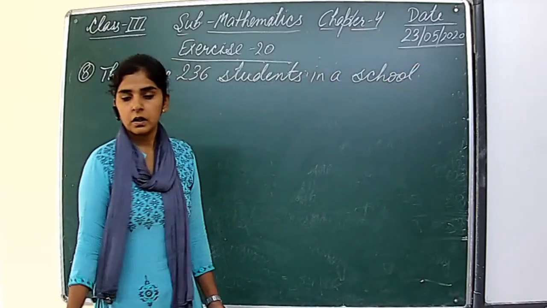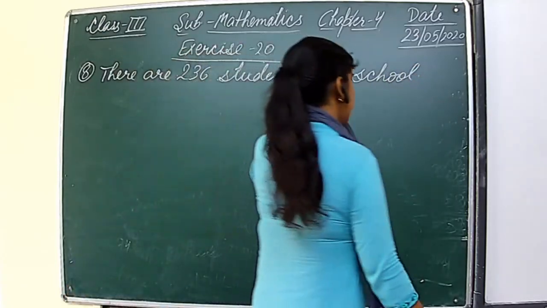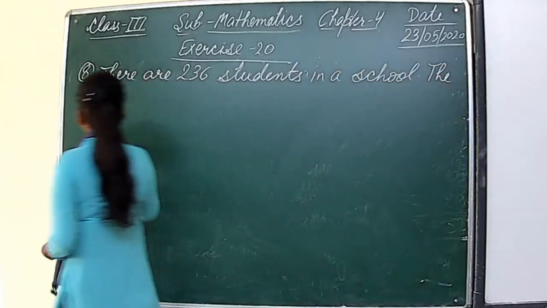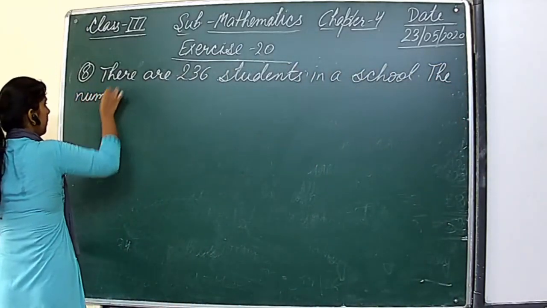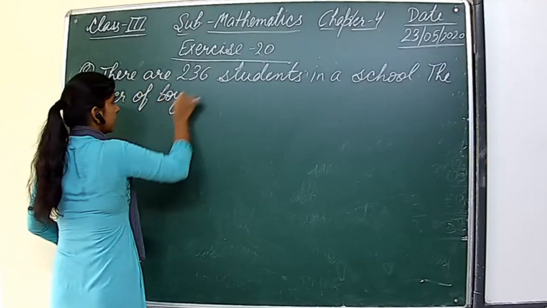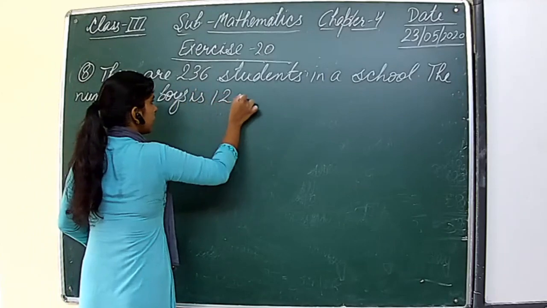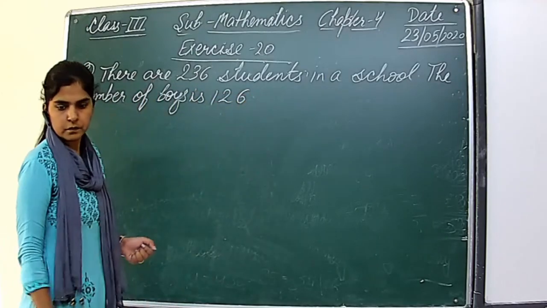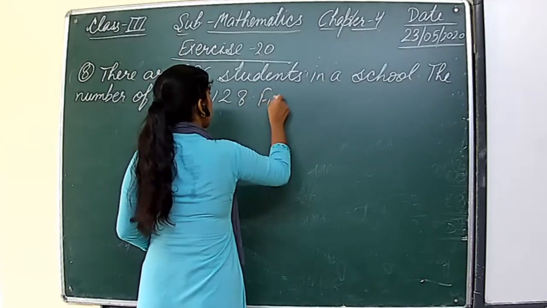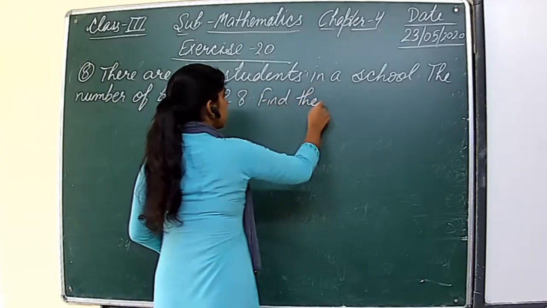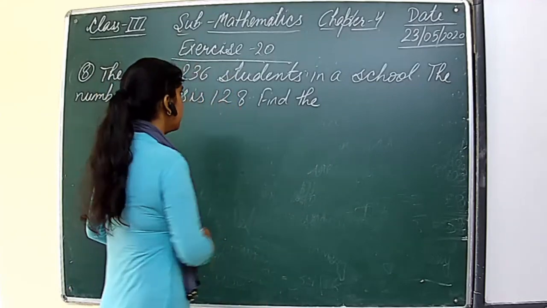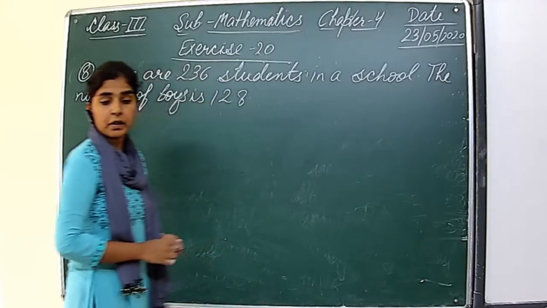The number of boys is 128. Find the number of girls, or how many girls are there?